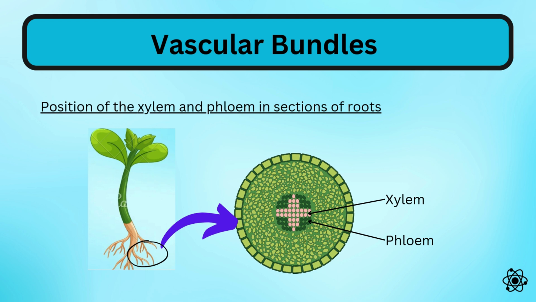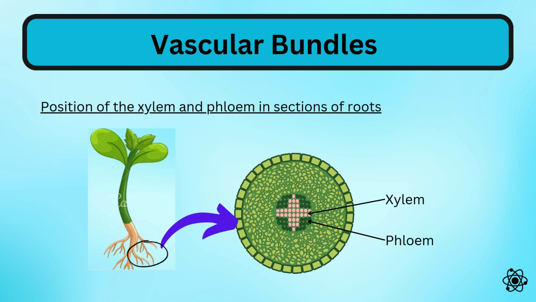In the diagram below, the pink area in the shape of an X is the xylem tissue. The surrounding green area is where the phloem tissues are located. If you look closely at the real image on the right, you will notice the inner xylem area and the outer phloem area.